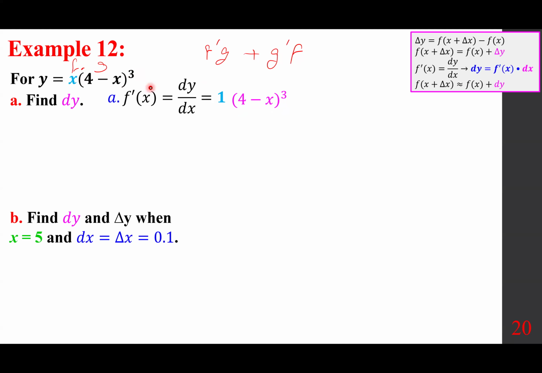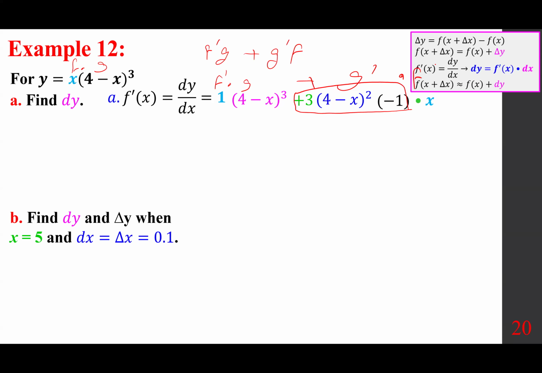So what is the derivative of this guy? 3 times 4 minus x squared times the derivative of the inside, negative 1, times f, which is x. In other words, this is f prime g.